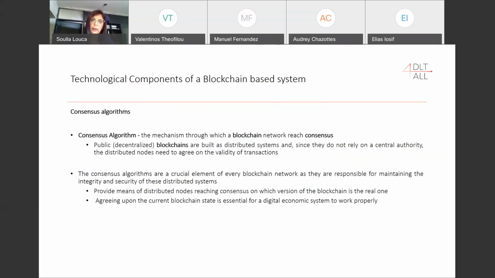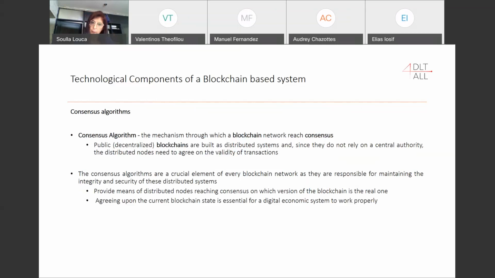The consensus algorithms are a very crucial element of every blockchain network, as it is these algorithms that are responsible for maintaining the integrity and the security of these distributed systems.